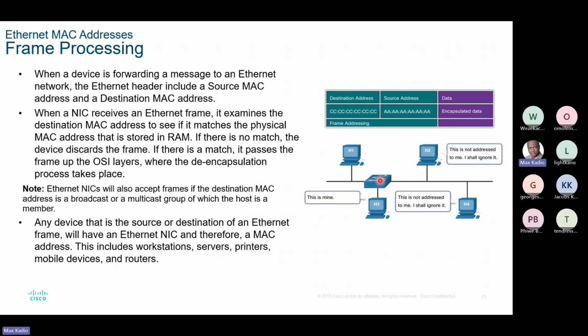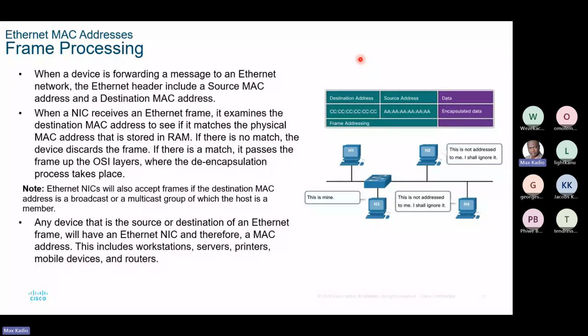PC2 will send the MAC address to the switch, and the switch will record them in a so-called MAC address table. So we get also a lab to check the MAC address table.